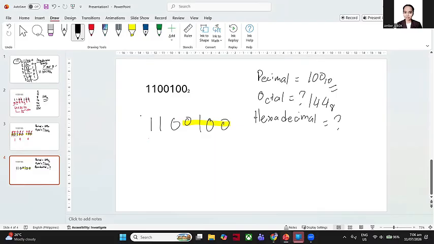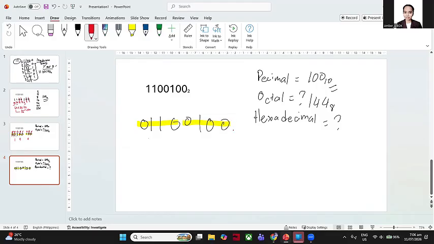And imagine this group has an imaginary 0. So we have our first group, this group, and we have our second group. Remember in octal, we have 1, 2, 4.